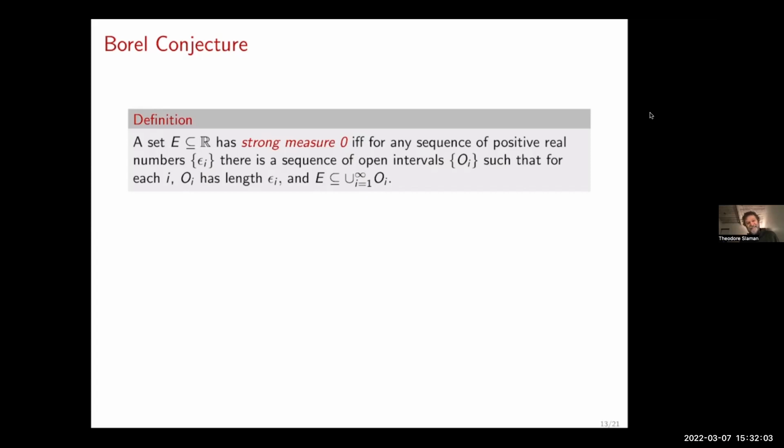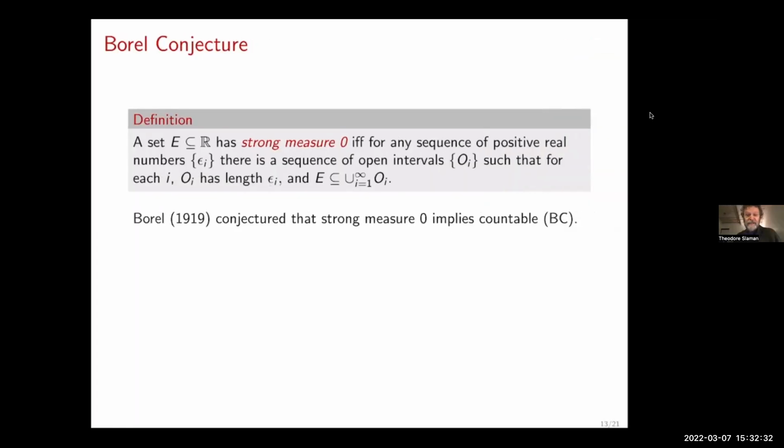It doesn't matter how small the cover has to be. Not only does the cover have small measure, but the granularity of the cover, where you get one interval of this size, and then the next interval is vanishingly small in comparison, just continues. It doesn't matter how fast that sequence goes to 0, there's still a cover.